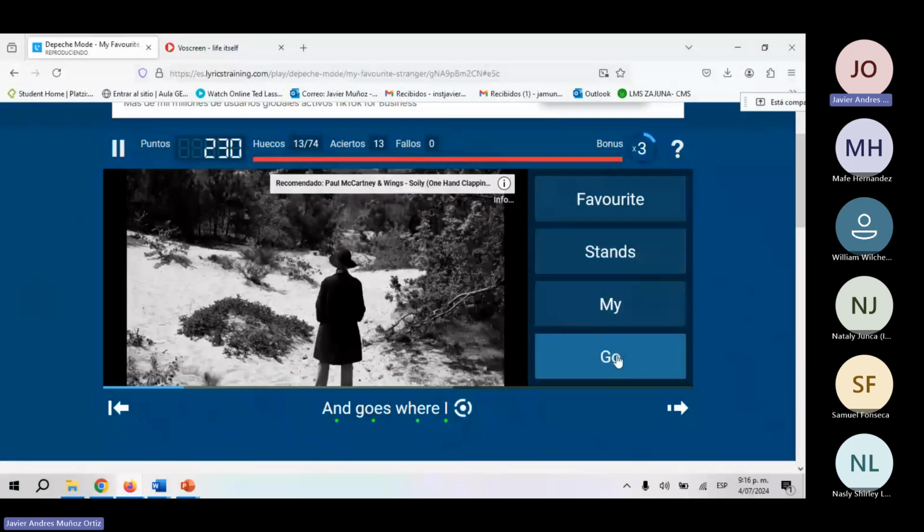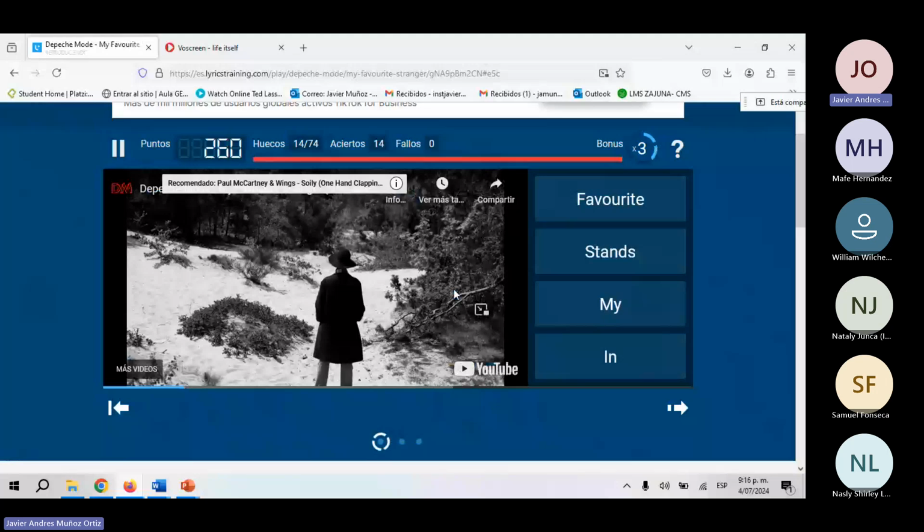But, en fin, so this is the objective. The objective for you is to complete all the section, all the words without making mistakes, right? And as fast as possible, because if you take some time to choose the words, this bar is going to reduce, and will make you lose the game.